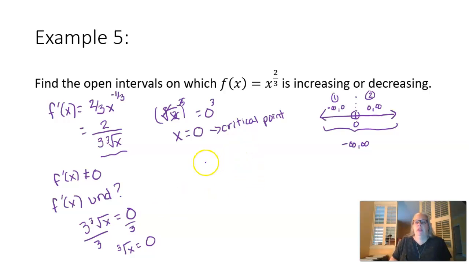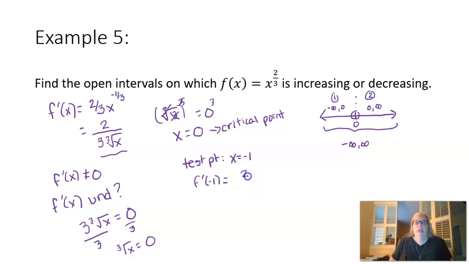Okay, so now we want to pick our test points. I need to pick something over here to the left of 0. Anything at all. I'm just going to choose positive 1. I'm sorry, I'm going to choose negative 1. Because negative 1 is to the left of 0, not positive 1. And we are going to plug that into our first derivative there. So we want to know, what is f prime of negative 1?